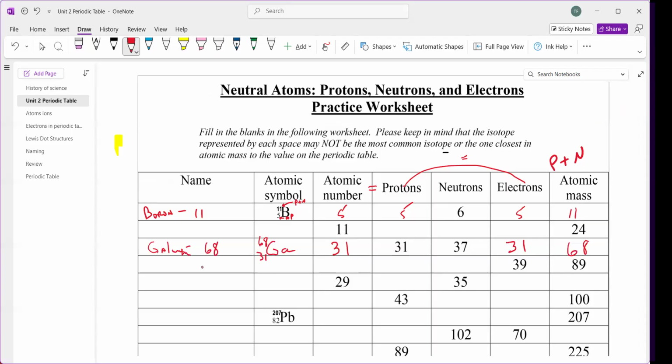It's really important you get these numbers down and their relationships. Any questions about how we got these? Okay, go ahead and work on these for the rest of the period. That's what we're covering today.